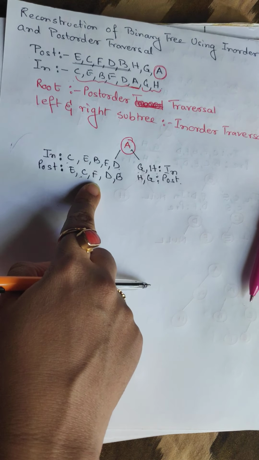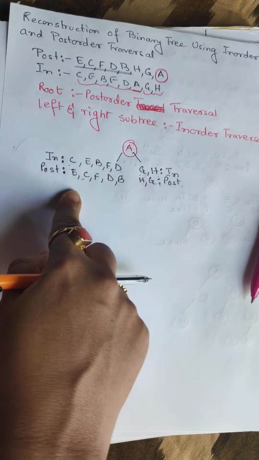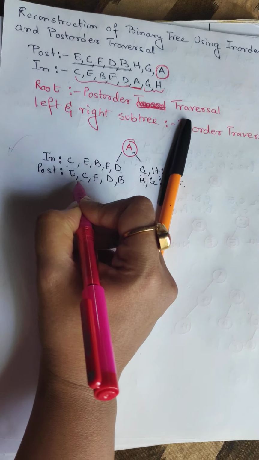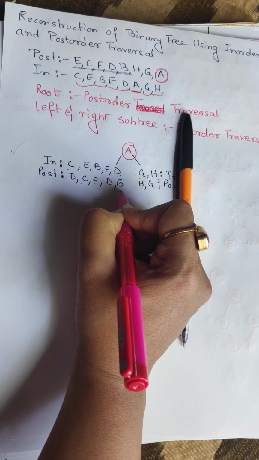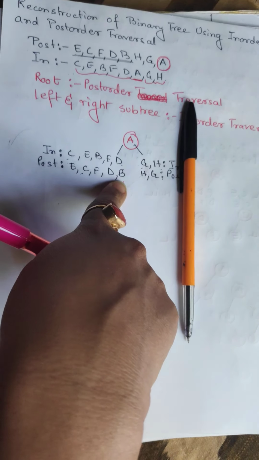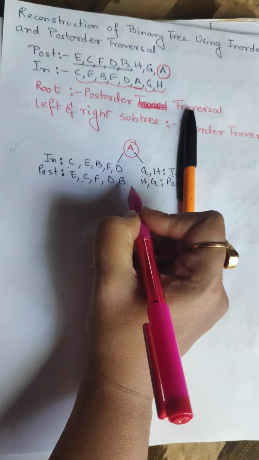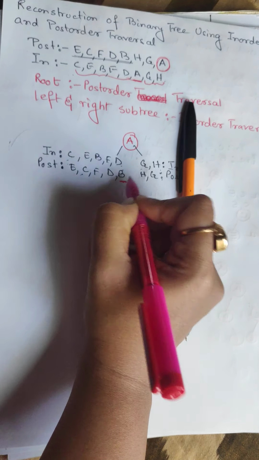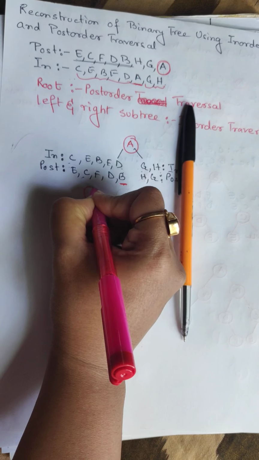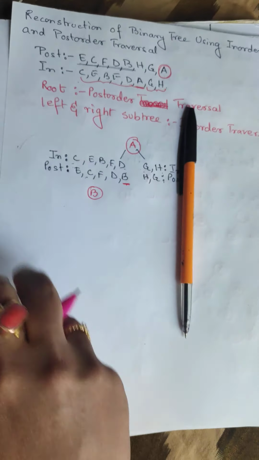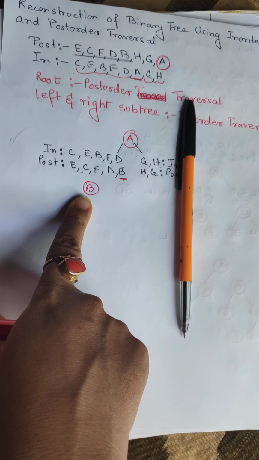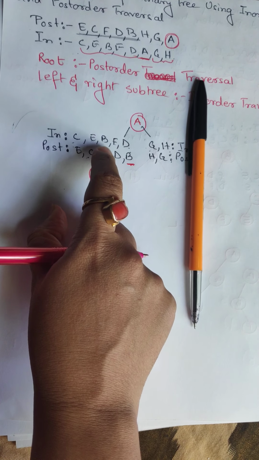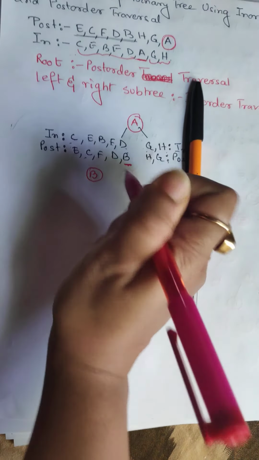Now, as the left and the right subtree have been detected, again we are going to look at the PostOrder traversal of the left subtree. When you look at it, the node that appears at the end is B. So therefore, B is the root node of the left subtree of A. This B we will search out in the InOrder traversal.